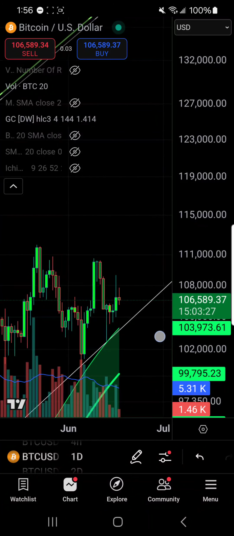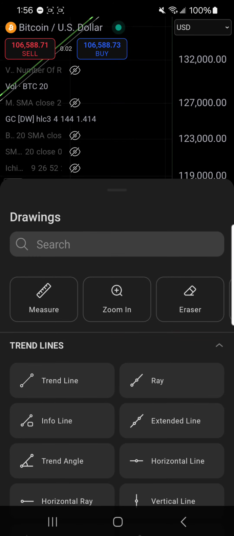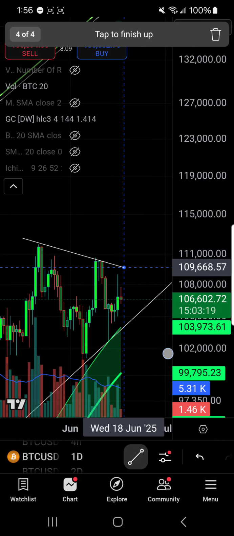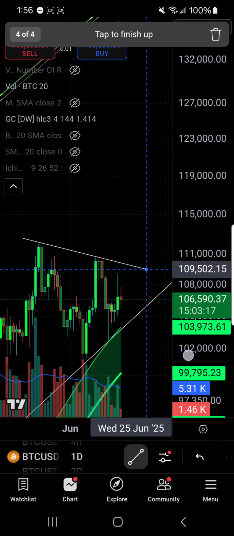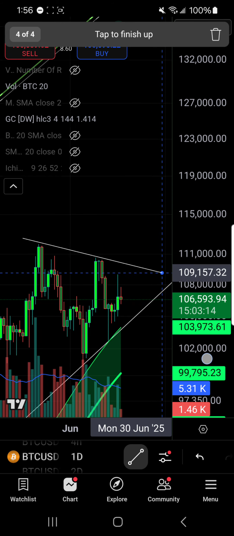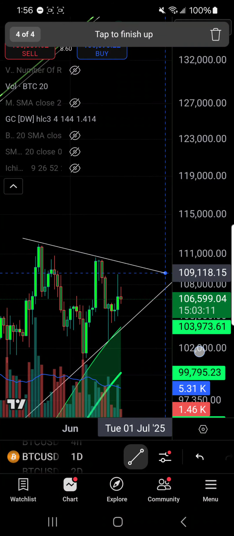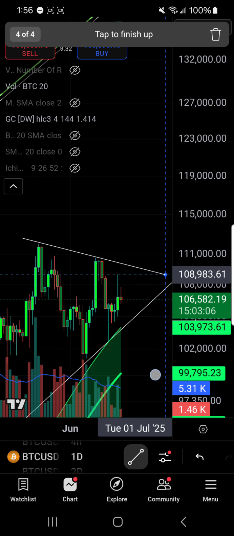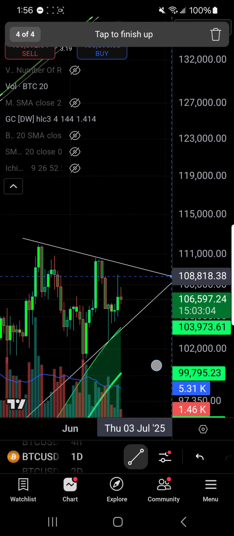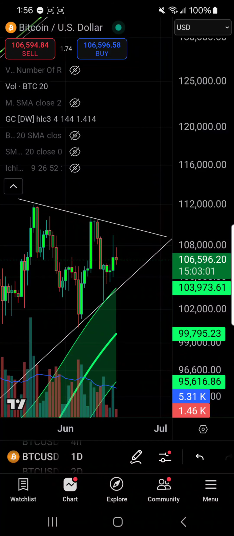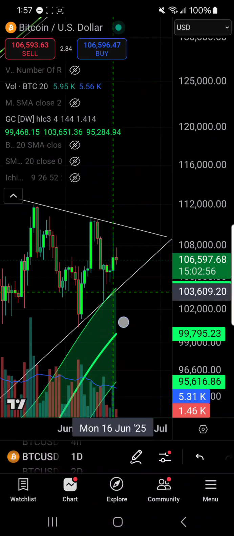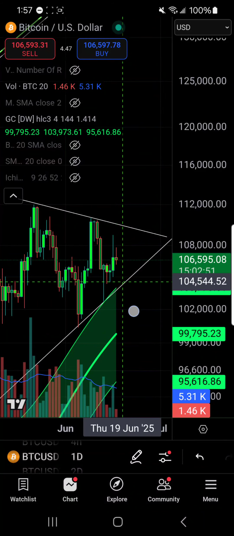Now, what's interesting here is that I'm just drawing this real rough right now because of the point I want to make. You can clearly see that the Gaussian channel on the daily time frame is moving up inside this triangle.